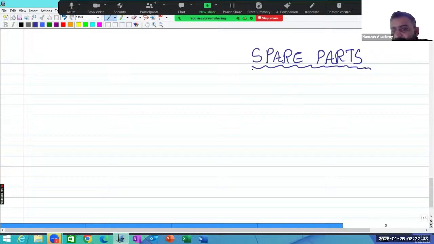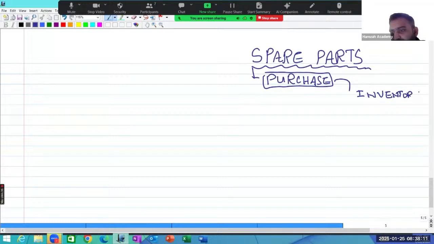Dear student, when an entity purchases the spare parts, initially they will record it as inventory. It will be their inventory to be used in their non-current assets.